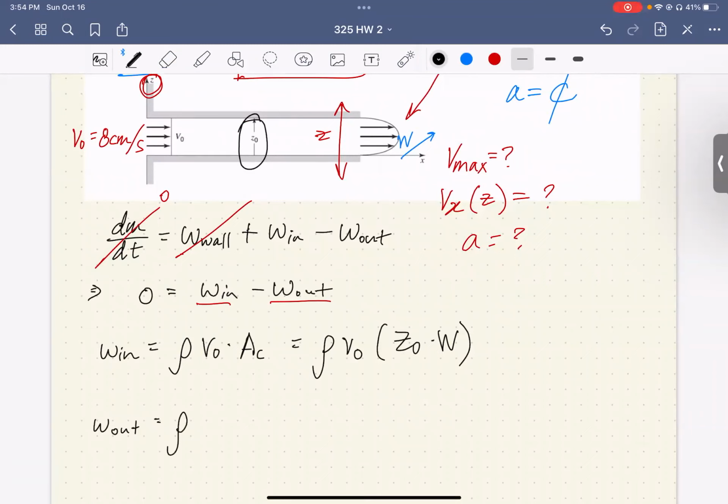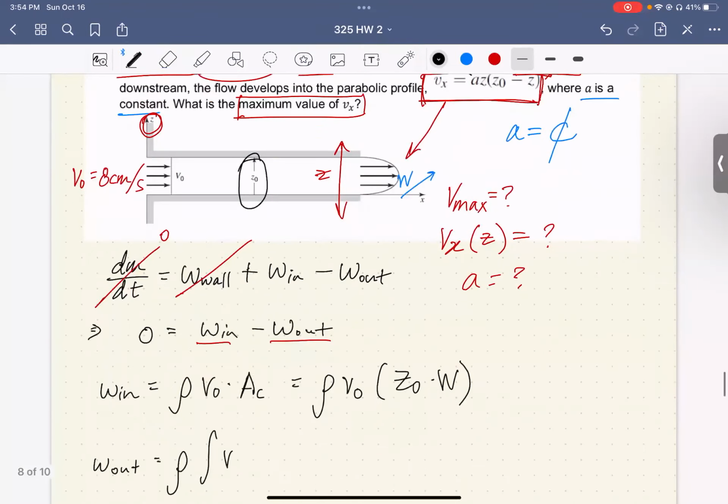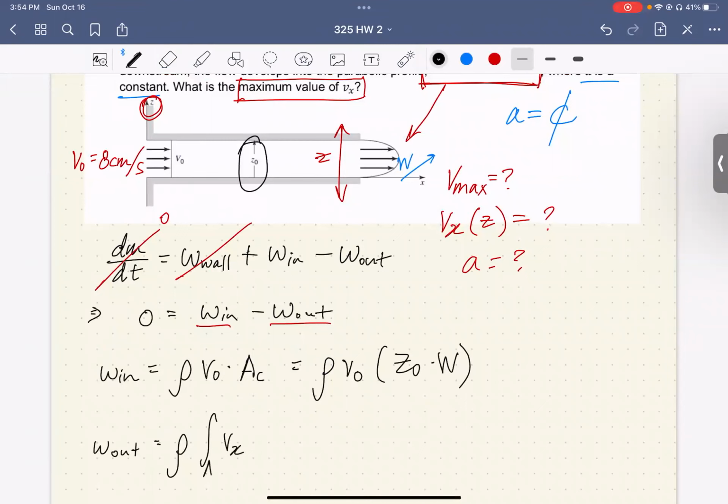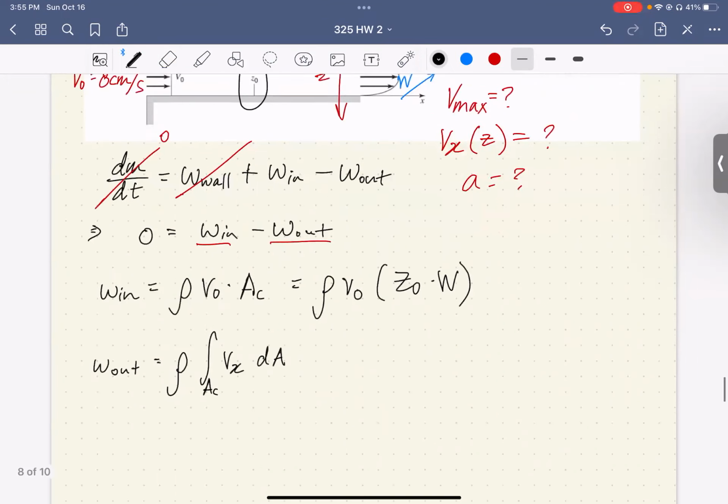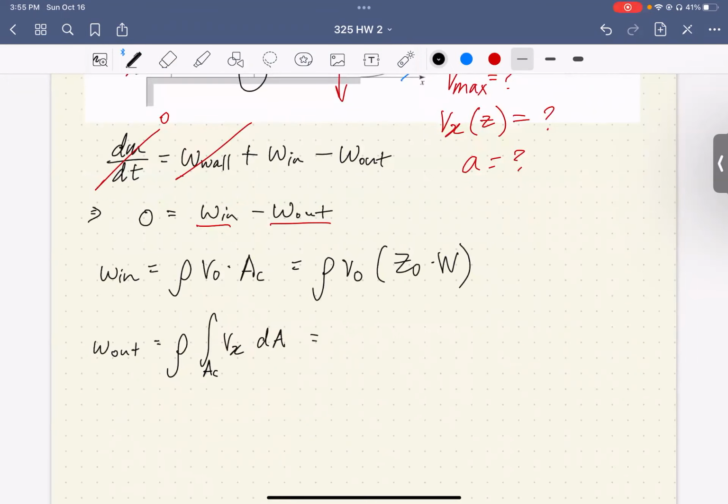So we have rho, and then we also have the integral. That's the integral of Vx, the velocity profile, and then the cross-sectional area. Great. So what's going to happen here is you have the same thing as the previous question.